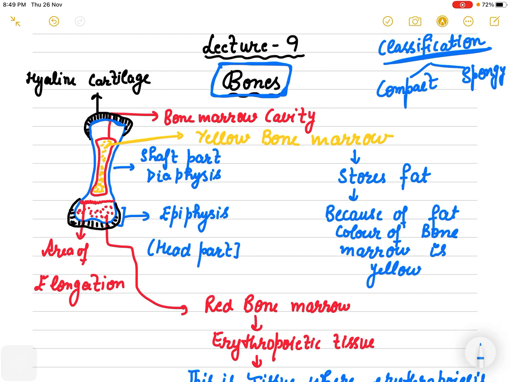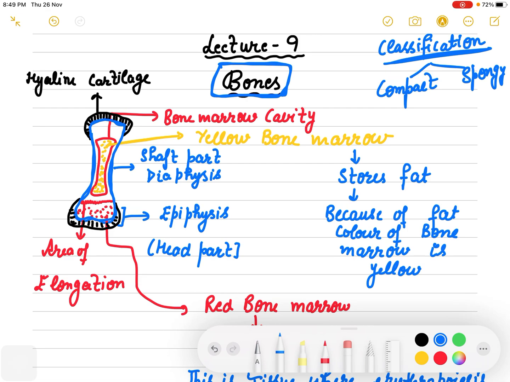As I have drawn here a long bone, as you can see with the blue pen. This is a very long bone, right? Now this bone has parts. Now just look at this part.